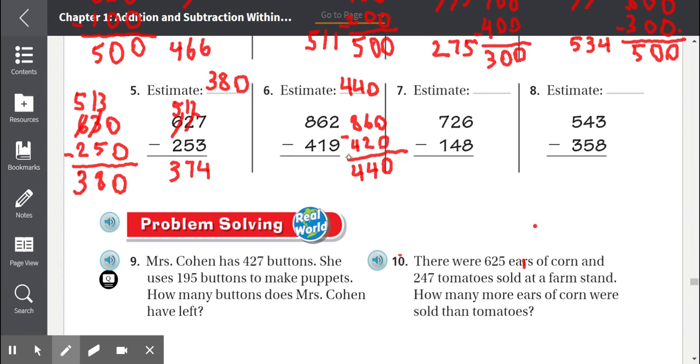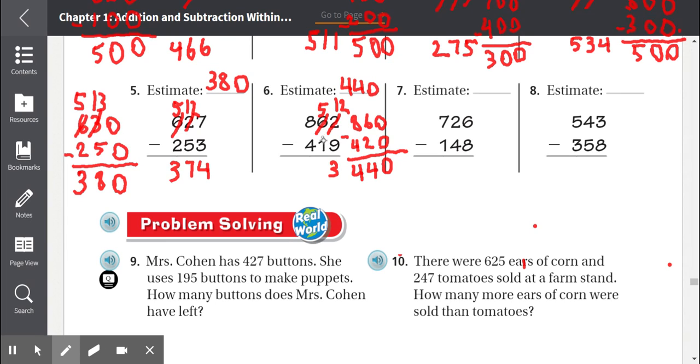So let's solve. 2 minus 9, we start with the ones. 2 minus 9, we can't do that. So this 2 has to borrow 1 from the 6. The 6 becomes a 5. And the 2 now becomes a 12 because it borrowed the 1 of the tens. So now it's 12 minus 9. 12 minus 9 is 3.